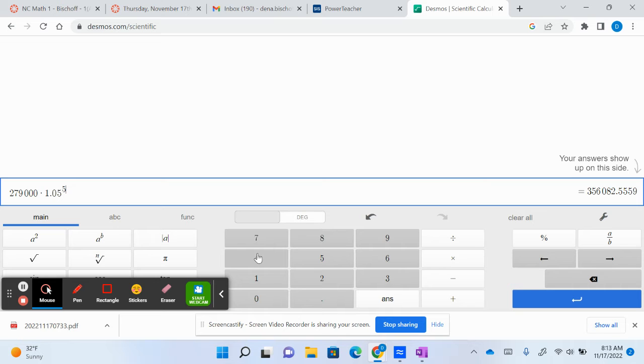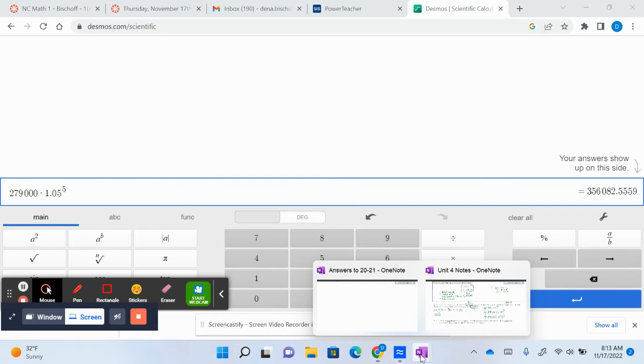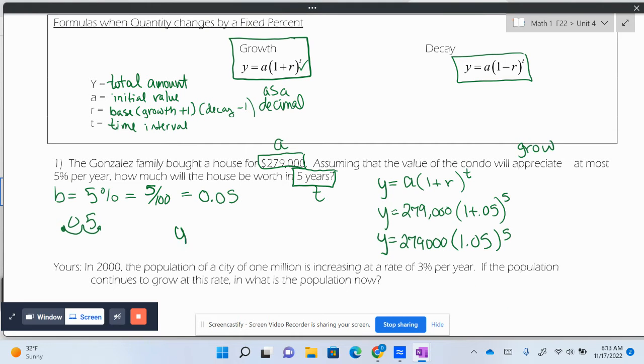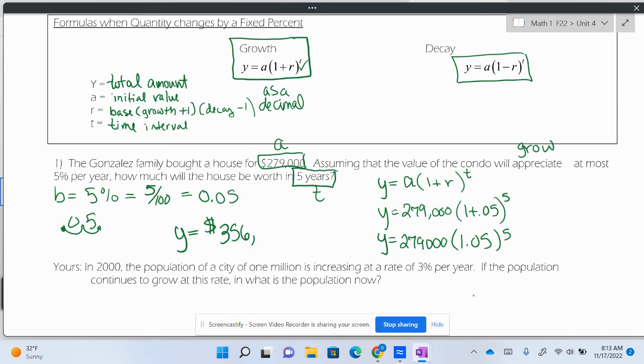What's the value of my house after 5 years? It's right up there. Someone say the number. Yes, 356,082. So y equals, and it's a dollar value, 356,082.